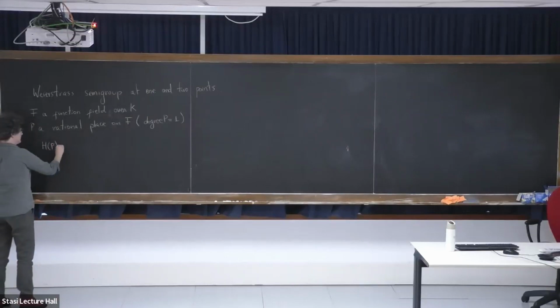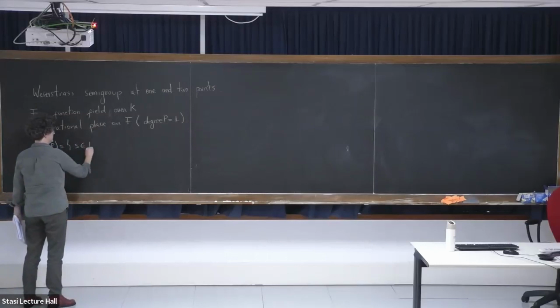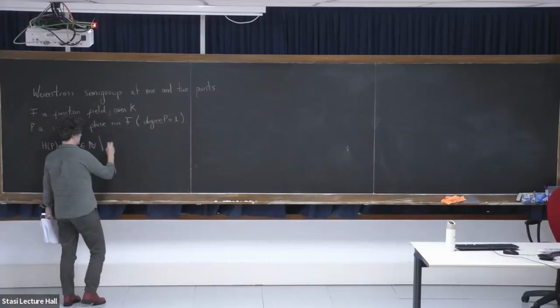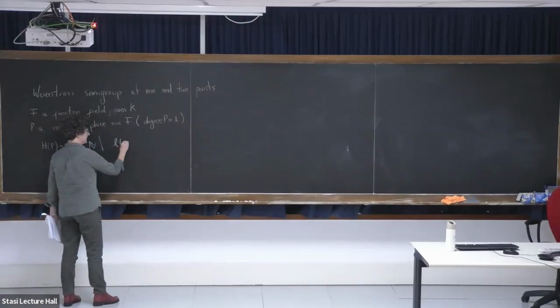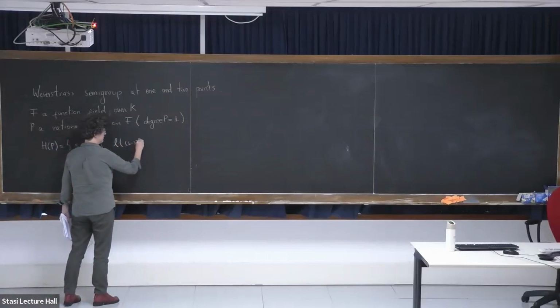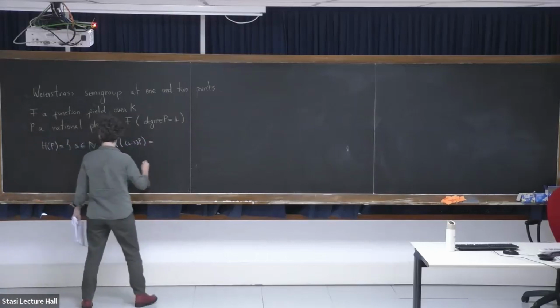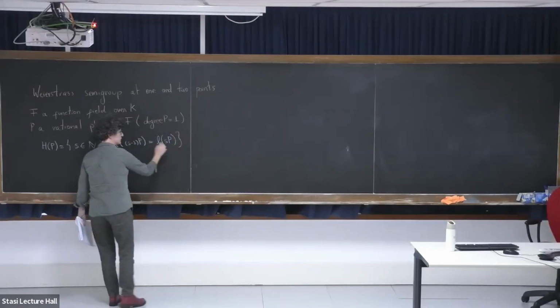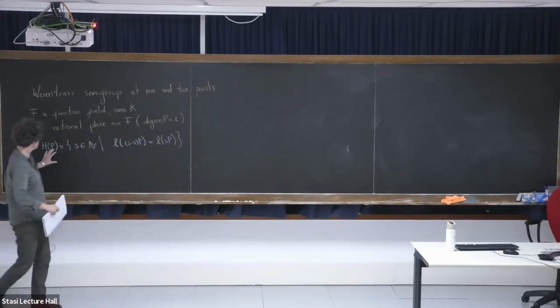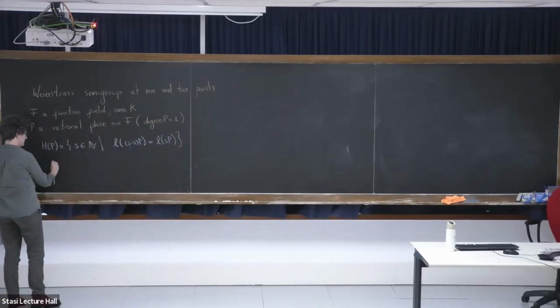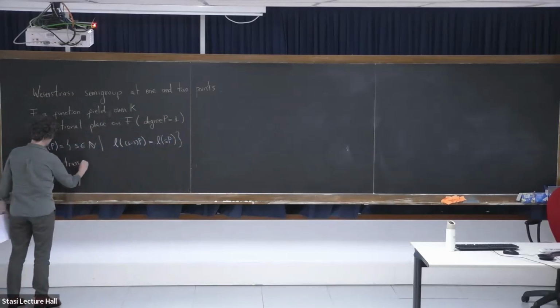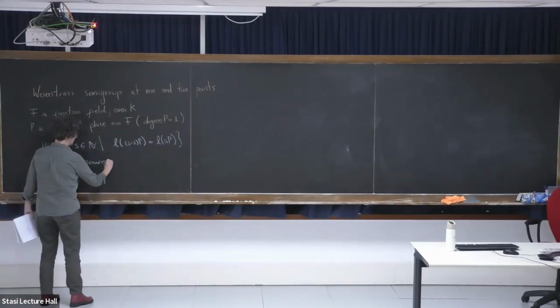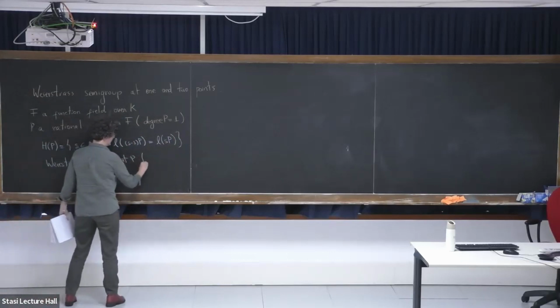It is just the numbers S such that the dimension of the Riemann-Roch space associated to the divisor S minus 1 P is equal to the dimension of the Riemann-Roch space associated to the divisor S P. These are the non-gaps at P. So this is the Weierstrass semigroup at P.